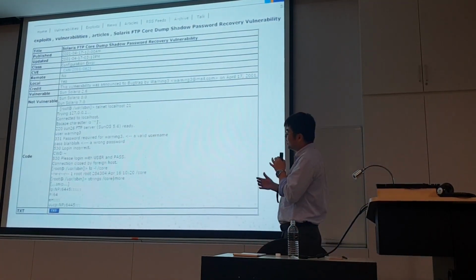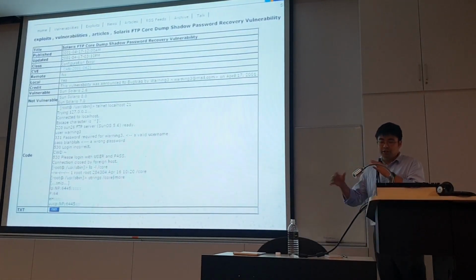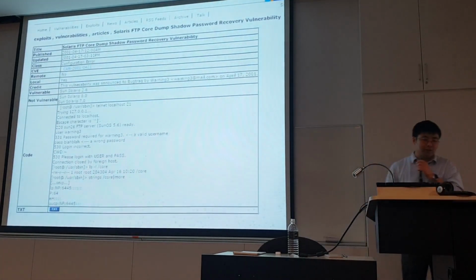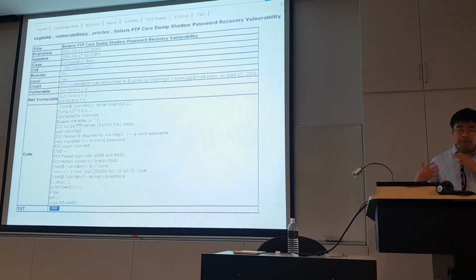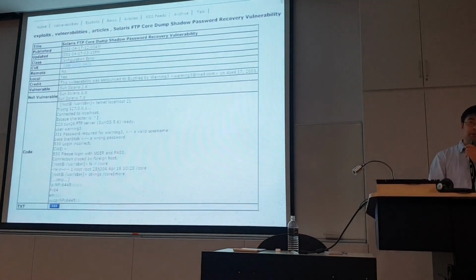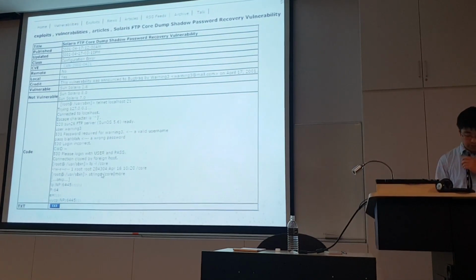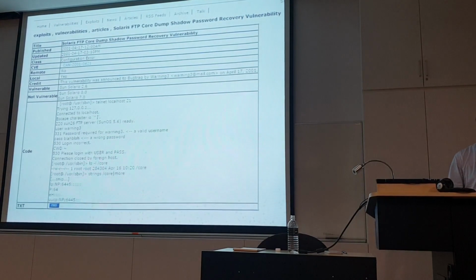However, the system dumps the core with the shadow file. So in this case, you can identify all the hash values of the passwords from the core dumped by the system. This is a configuration problem of the system.